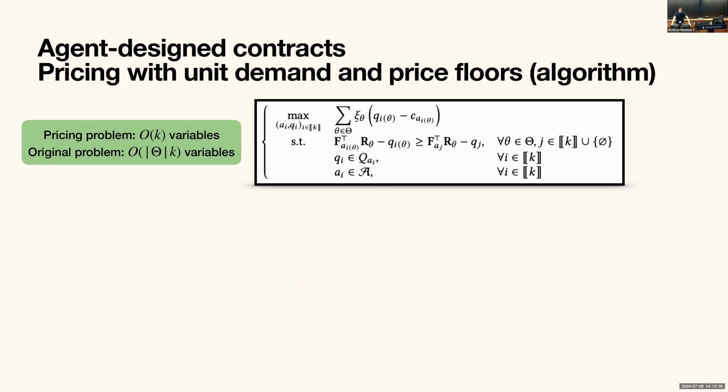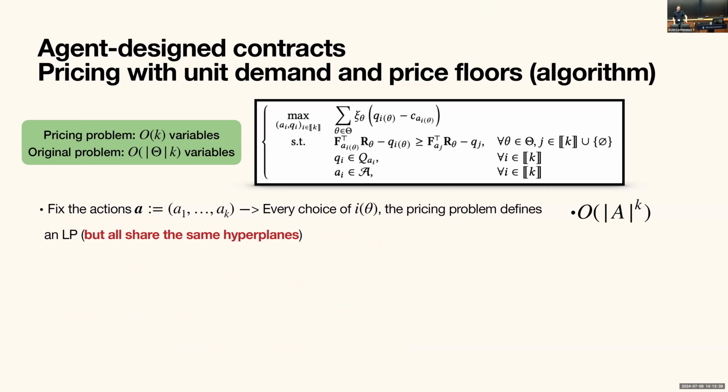And the algorithmic idea to solve this is, let's first observe that if we fix the actions and the choice function that maps types to items, then this is just an LP. But we have to keep in mind that k is constant because we want a menu of small size. But the number of choice functions that map types to items is too many to iterate over.